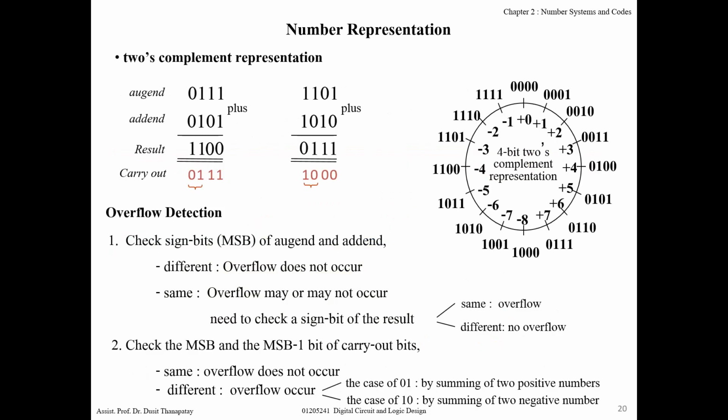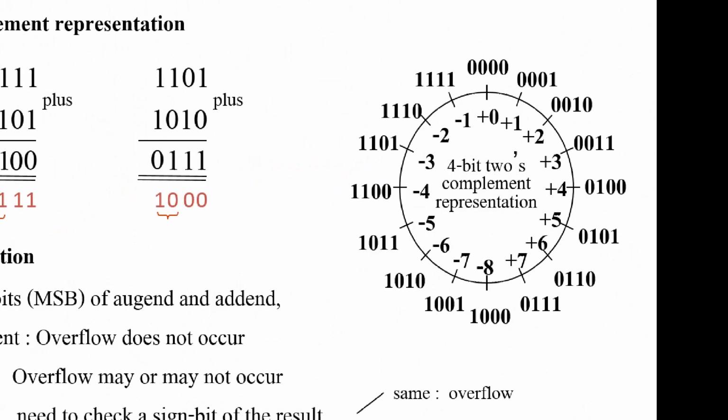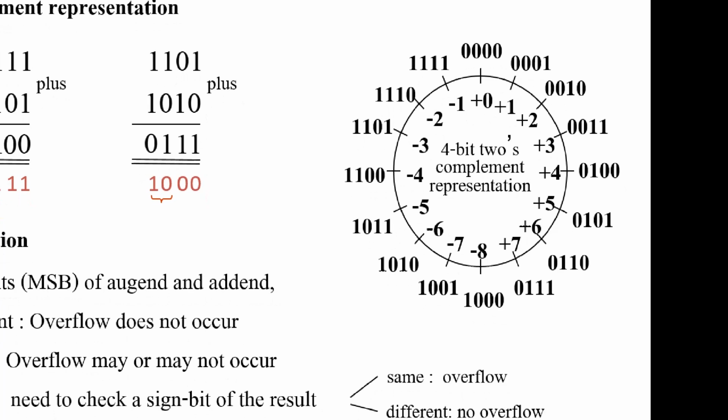Now you know the limitation and the advantage of this number system. Now if I want to write down the binary code that represents a decimal value in this system, what should I do? It's very easy.